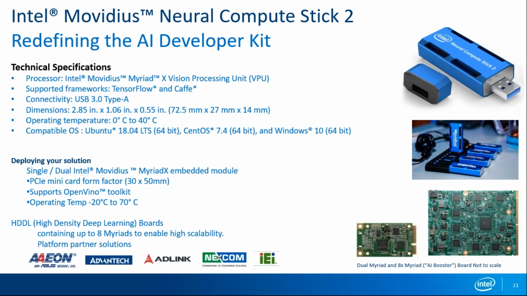So in fact, in OpenVINO, we have different plugins. We have one plugin for the CPU, one plugin for the integrated GPU, one plugin for FPGA, and one plugin for the compute stick. So you have to write only one application, and you only have to change one line in your application if you want to move from one accelerator to another.